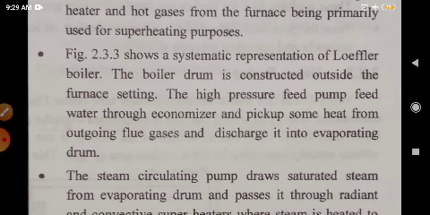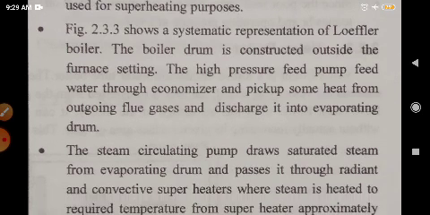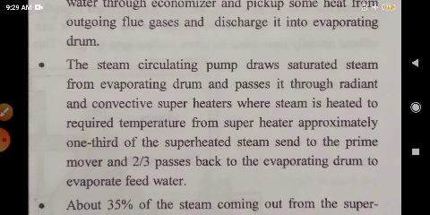The high pressure feed pump feeds water through the economizer, picking up some heat from the outgoing flue gases, and discharges into the evaporating drum. The steam circulating pump draws saturated steam from the evaporating drum and passes it through radiant and convection superheaters, where the steam is heated to the required temperature.